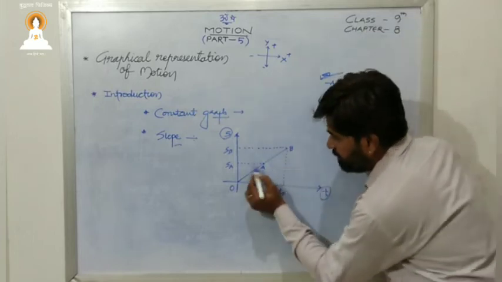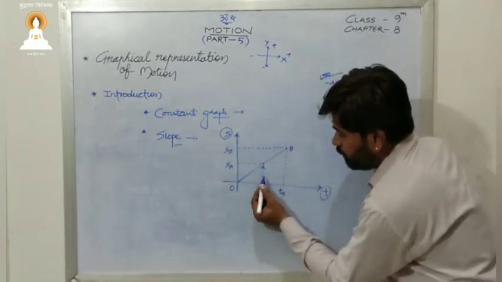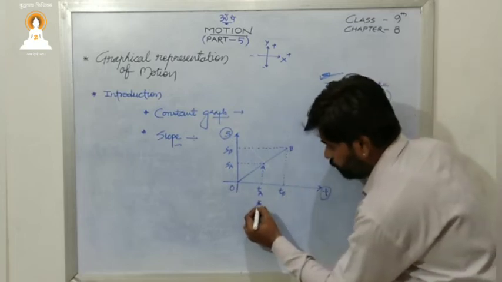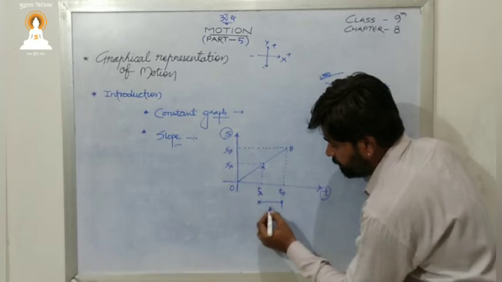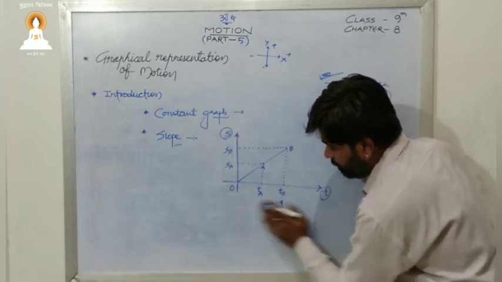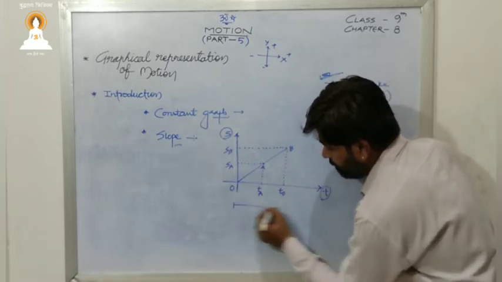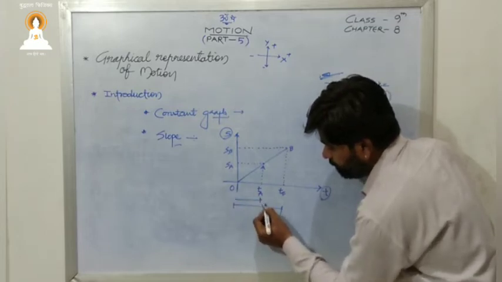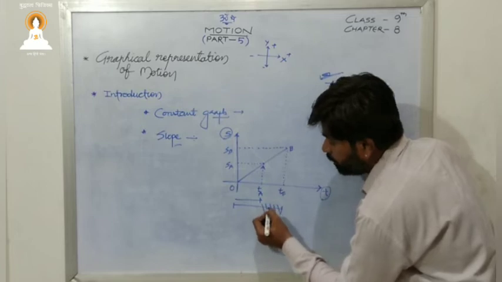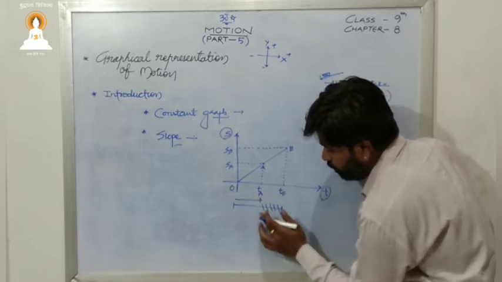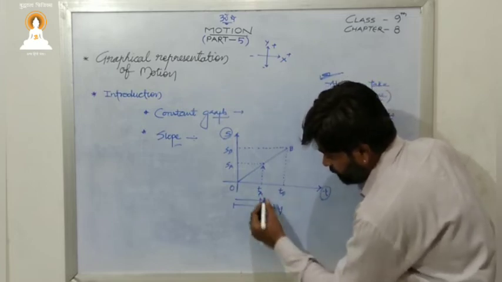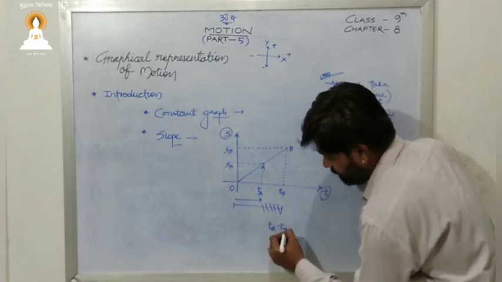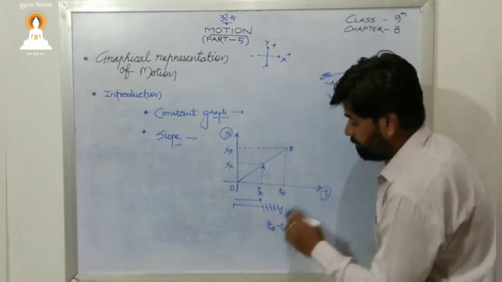How much time did that particular object take to move from A to B? That will be from origin to TB, and origin to TA. The portion which is not common is this one. So how will it be found? It will be TB minus TA.